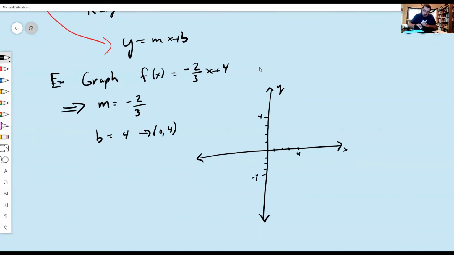All right, let's go ahead and put our y-intercept on there. The point (0, 4) is right here.